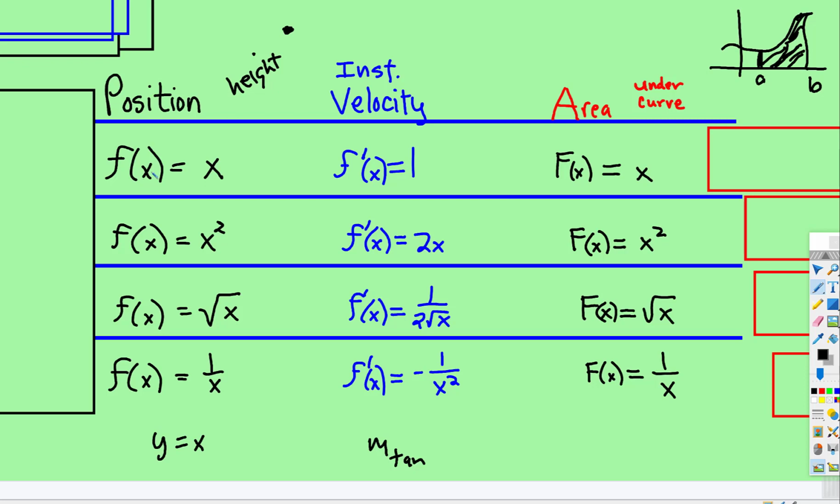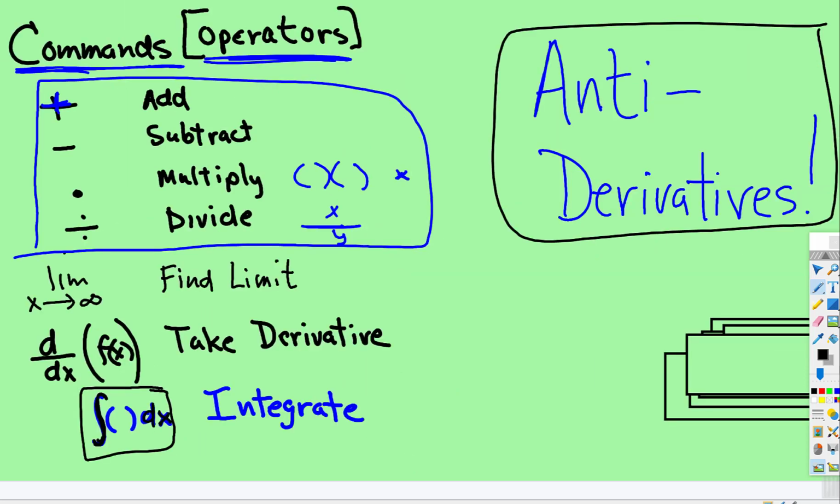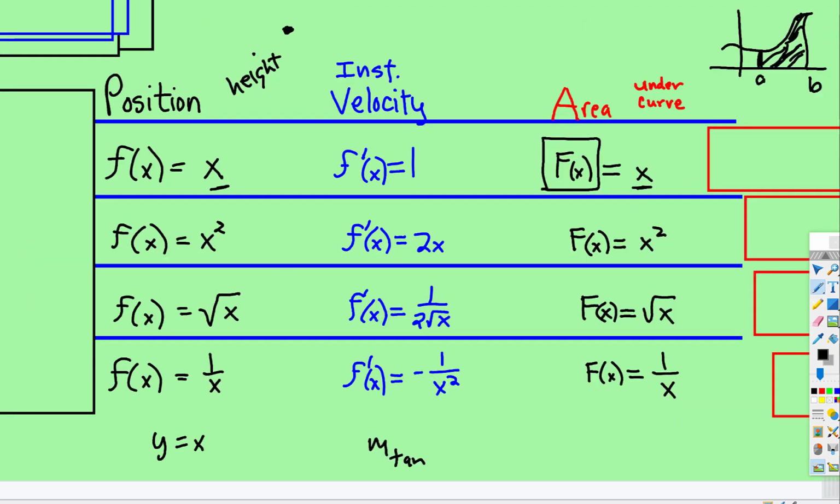So lowercase f, they look like the same function, but with this capital F of x, will end up being in this notation, and then here's the command right here that says to integrate. That's what will give you the area under the curve.